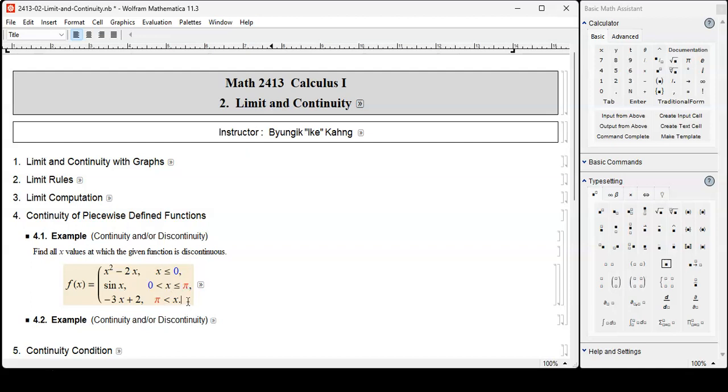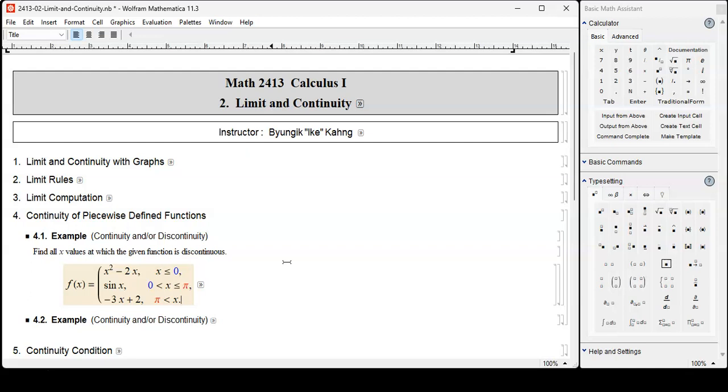These two numbers divide the number line into three pieces: first interval, second interval, and third interval. In each interval we must have continuity because all these are well-defined nice functions. Polynomial, trig, they're all continuous. The possible bad points are x equal to 0 and x equal to pi.